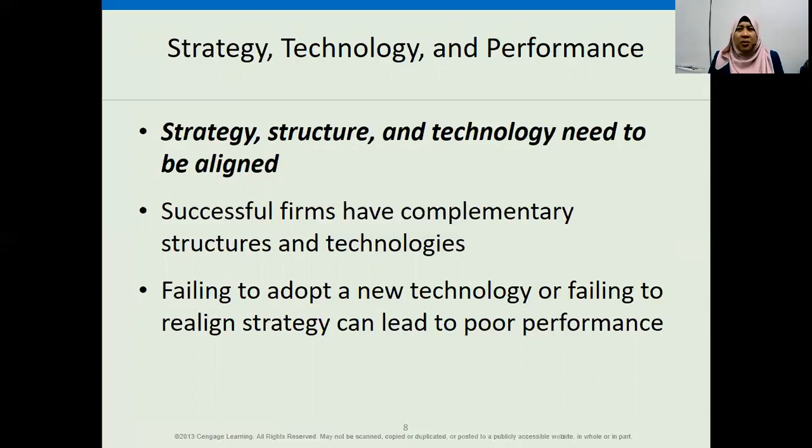So maybe in terms of energy or production quantity, of course technology has a good impact, but in terms of humanity, I believe that we still need human capital to work together, as stated here, strategy, structure, and technology have to be aligned. And failing to adopt new technology or failing to realign strategy can lead to poor performance.